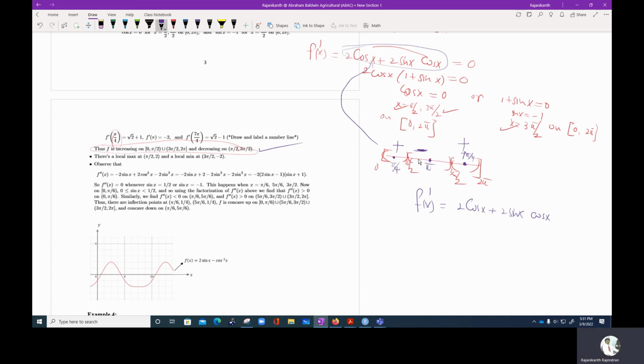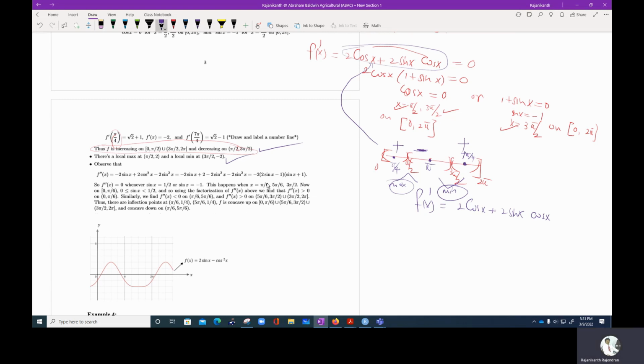Once you know that, remember one is increasing and decreasing, this is decreasing and increasing. So here you have a maximum of the function, and in this interval you have a minimum. Yes, so these are the 2 values that are here.